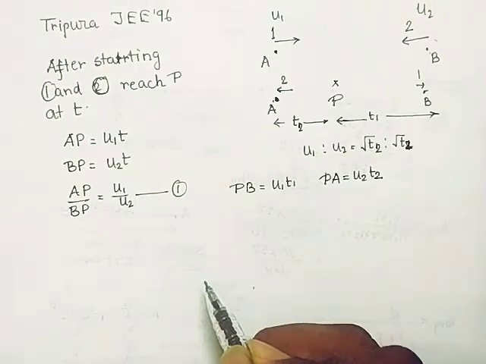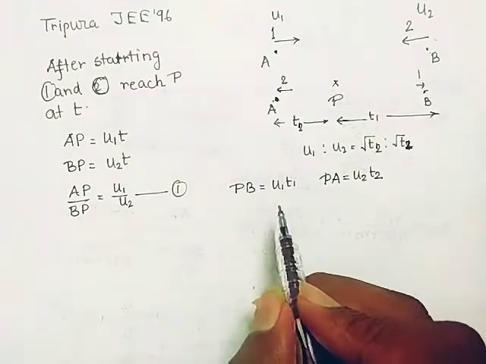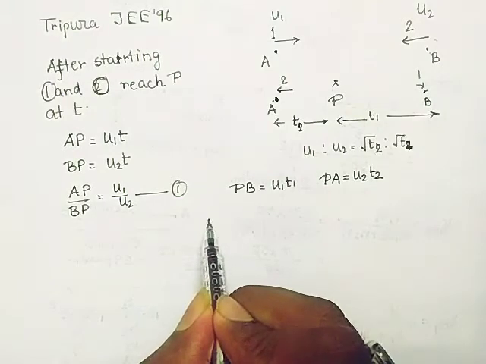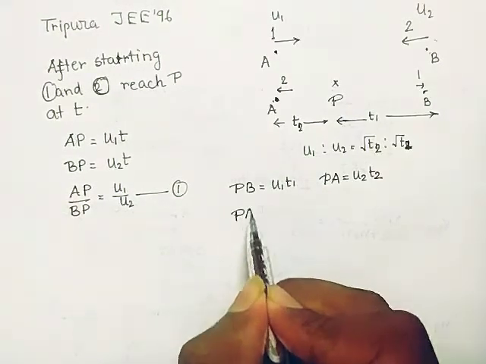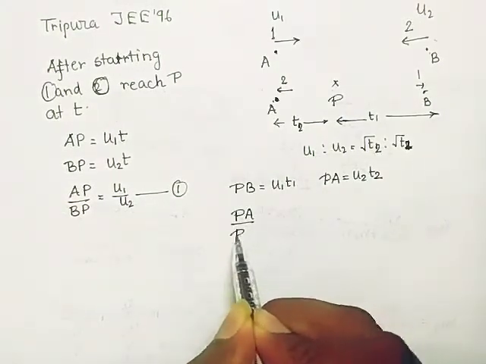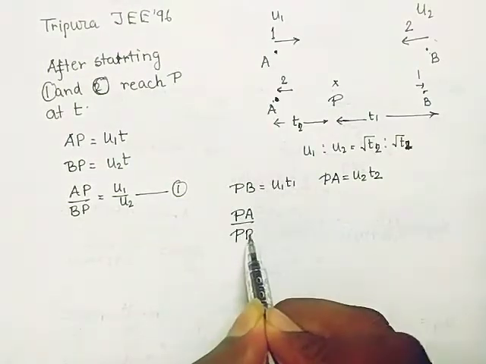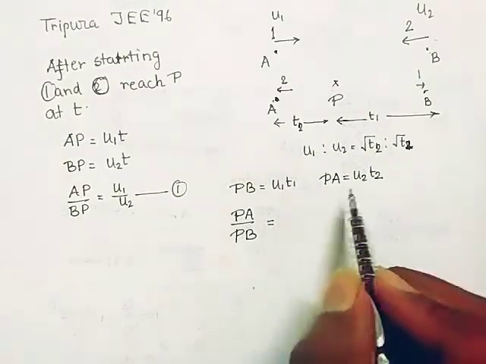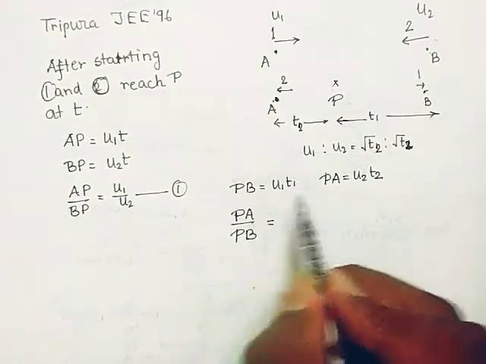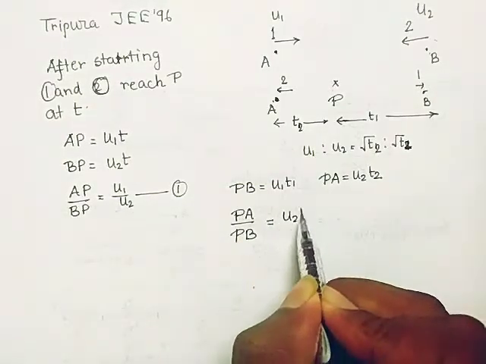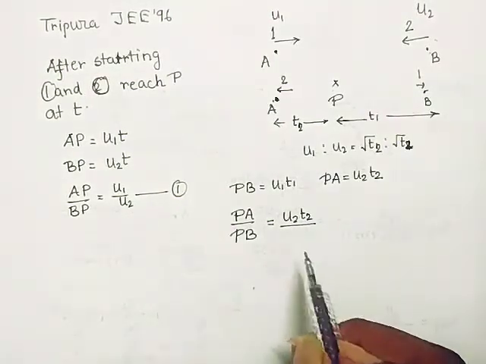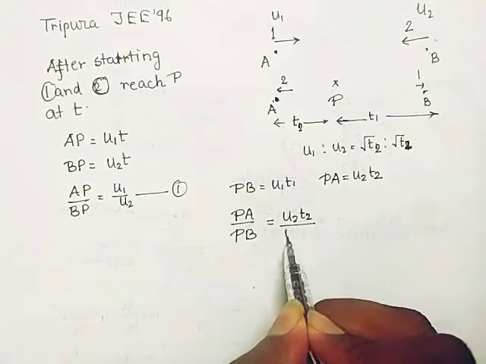Now I try to find PA divided by PB. PA is U2 into T2, and PB is U1 into T1.